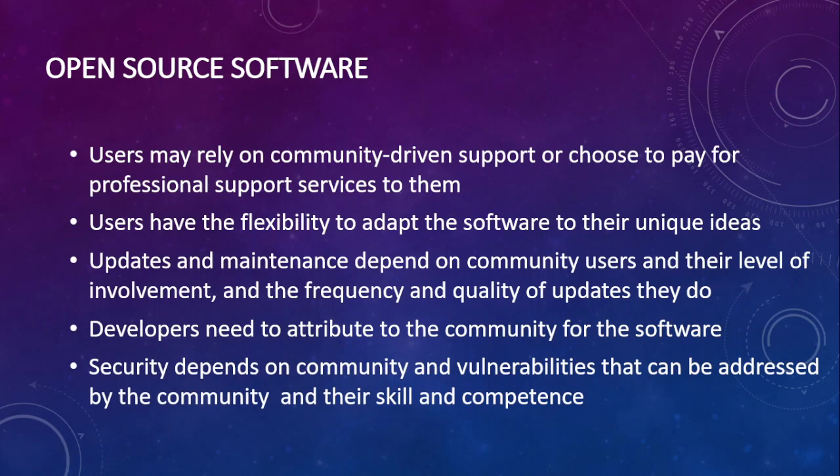Whenever we use open source software, we may want to attribute to the community for the software. It is a good practice and a common practice. And the security of the software will largely depend upon the competency, the skill, etc. of the community. So these are the few points that we need to keep in mind.